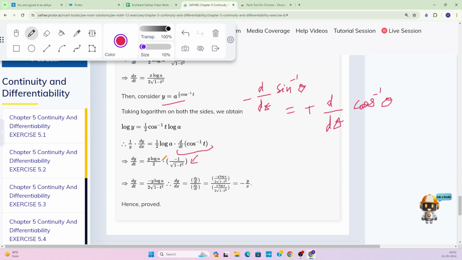So dy by dt is this, and dy over dx will be dy over dt divided by dx over dt.